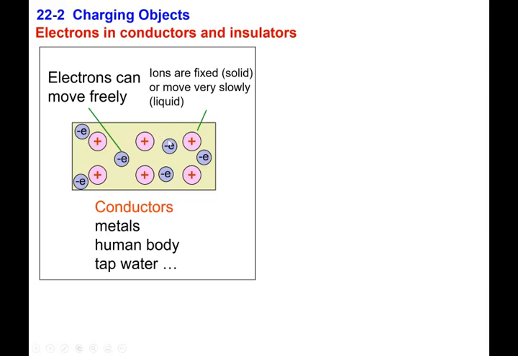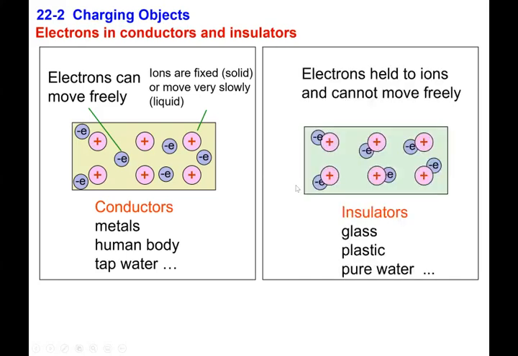It's made out of atoms and molecules, but the valence electrons, or some of the valence electrons, are free to move. So in this case, we can say this is a conductor, and these electrons are free to move, and we will see how we can charge a conductor, or an insulator.